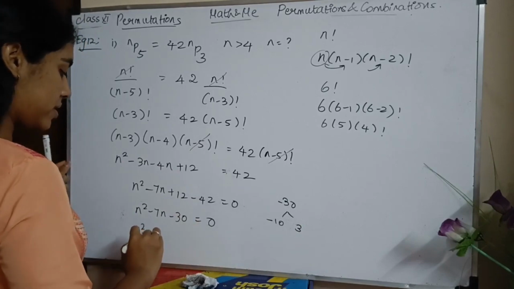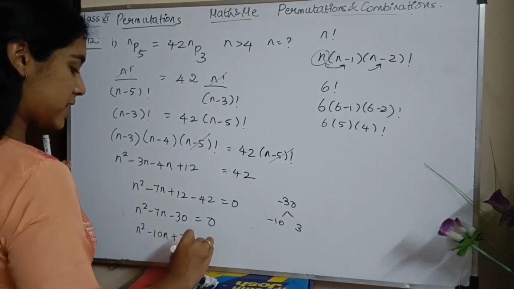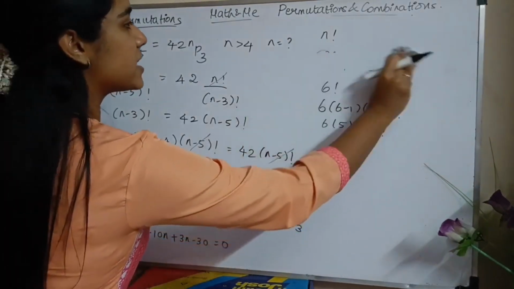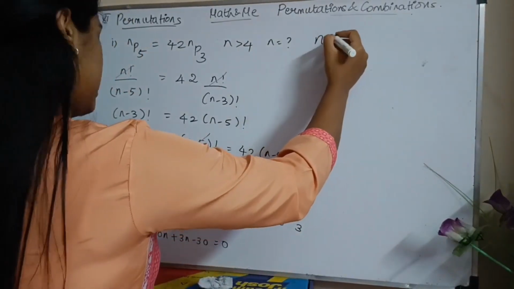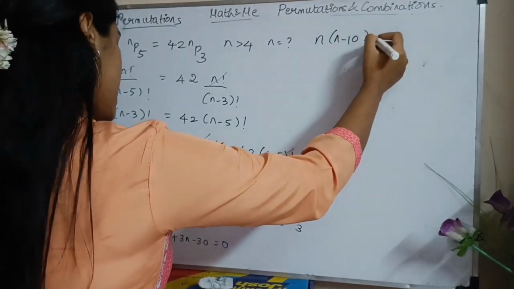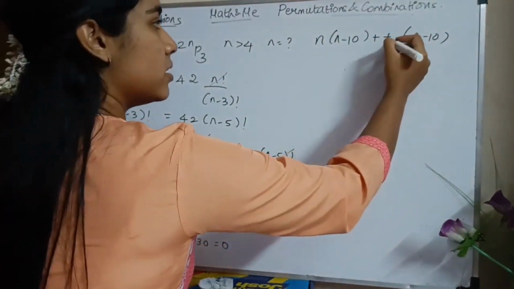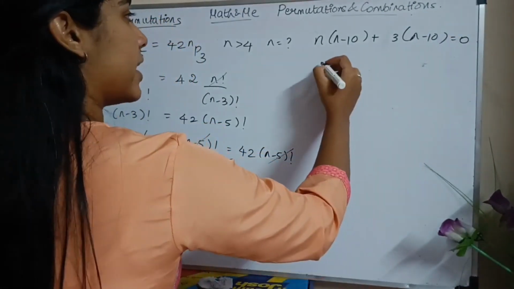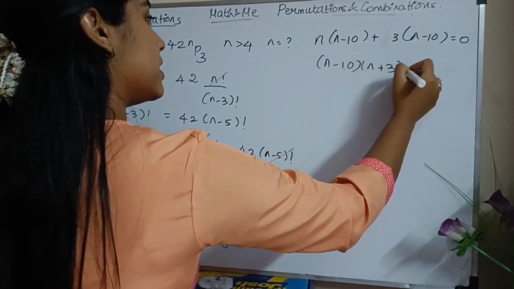So I have n square minus 10n plus 3n minus 30 equals 0. Splitting the middle term, I have n into n minus 10, plus I need an n minus 10 here, so it will be plus 3, equals 0.